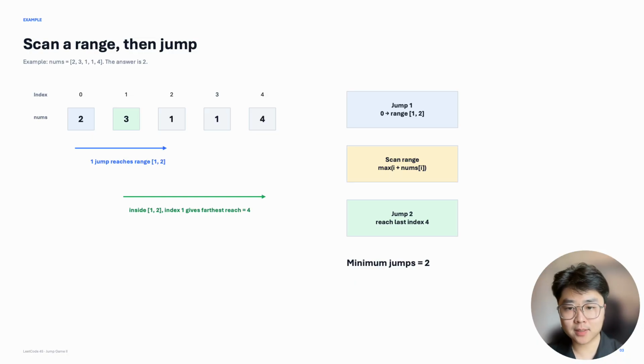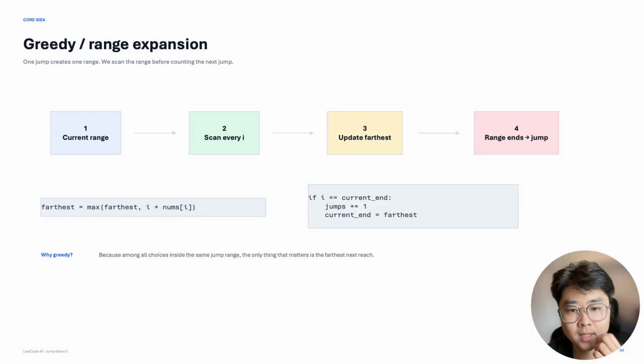Inside the range 1, 2, index 1 can reach index 4, while index 2 can only reach index 3. So the best future comes from index 1. That means we only need 2 jumps: from index 0 to index 1, then from index 1 to the end, right? So here is a core idea.